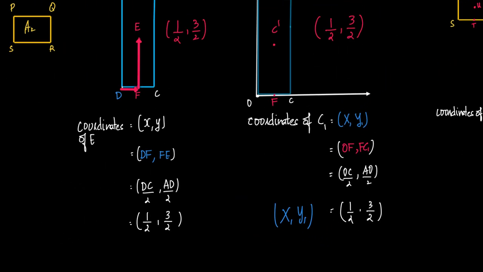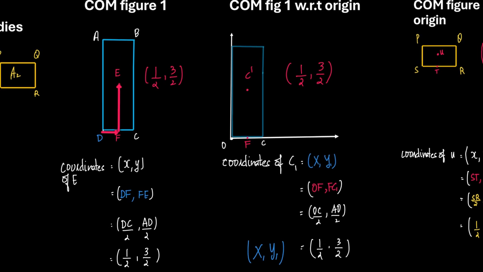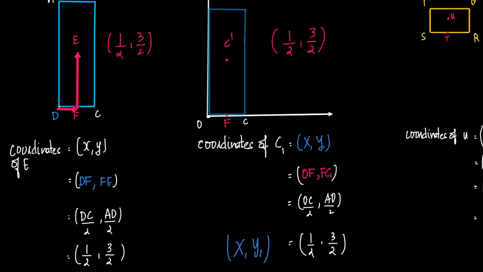Similarly, coordinates of C1, this time with respect to origin 0 comma 0, is the point C1, which also is 1 by 2 comma 3 by 2. Now, what is the difference between these two cases? Coordinates of E is x comma y. Coordinates of C1 is x1 comma y1. Of x is DF and of x1 is OF.